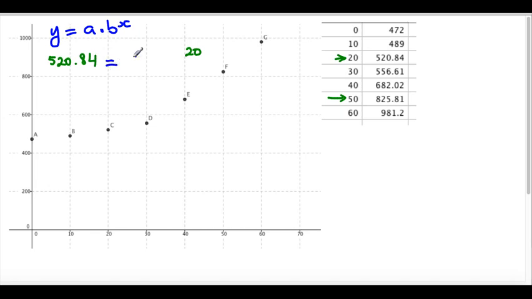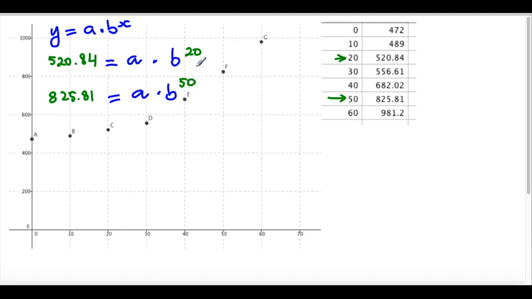So that will be equal to a times b power 20. And then by using the next point, we are going to get another equation. And this time, then we will substitute 825.81 and x is 50.